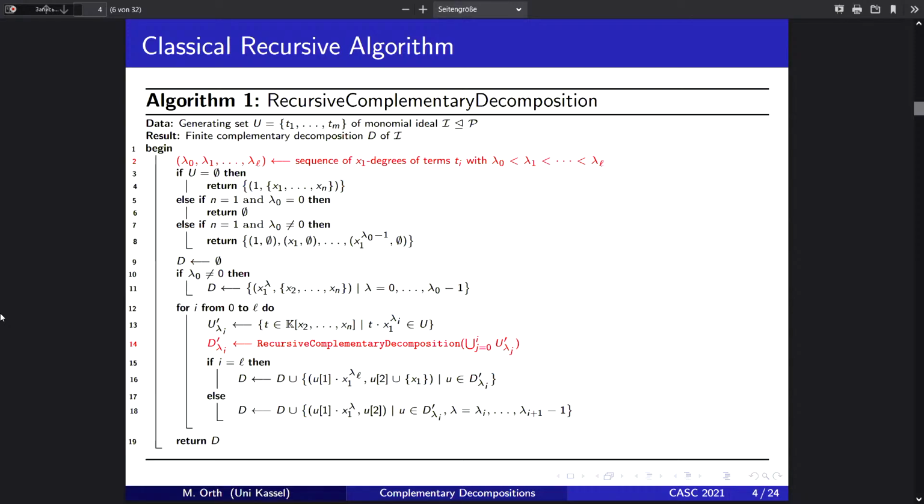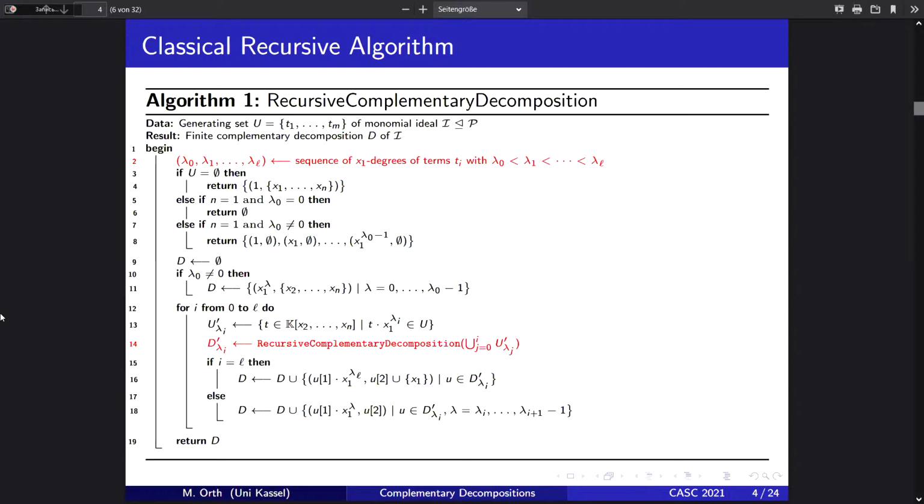And you look at all degrees in this one variable which appear in the generating set, sort these in ascending order, and then more or less derive from this subdivision term sets in a ring with one variable less and apply the algorithm recursively to these derived sets.